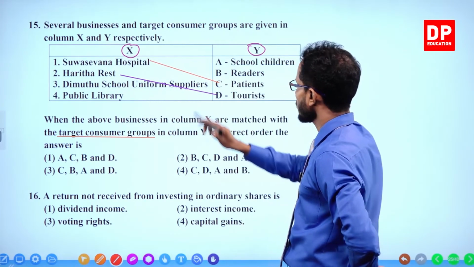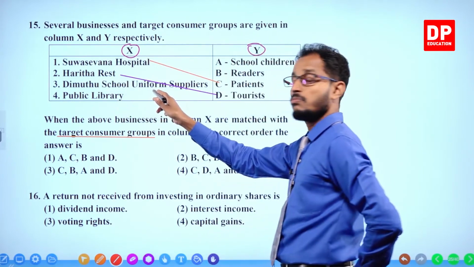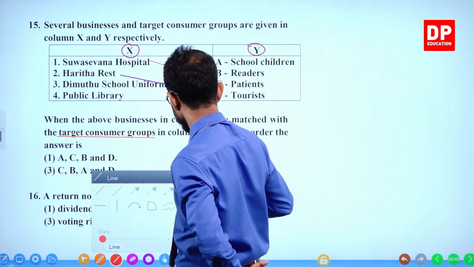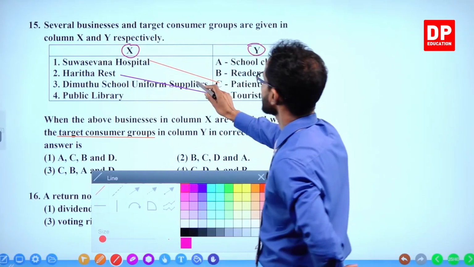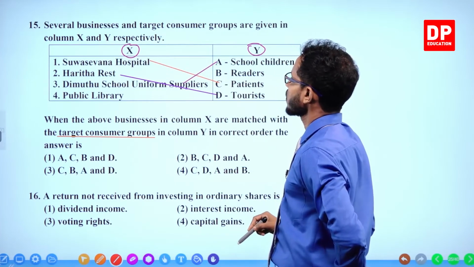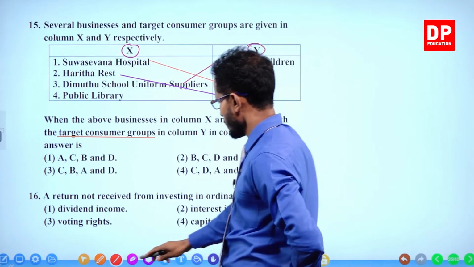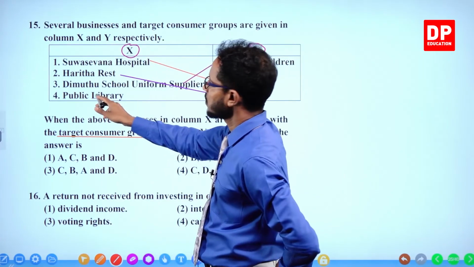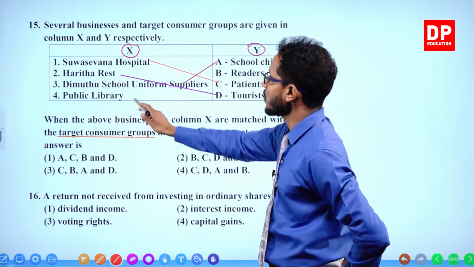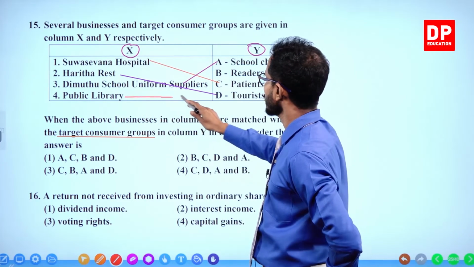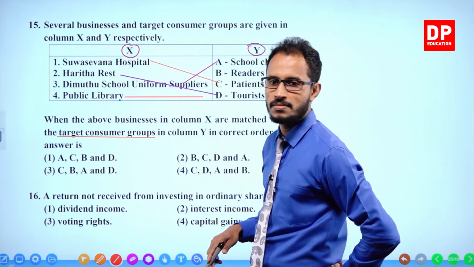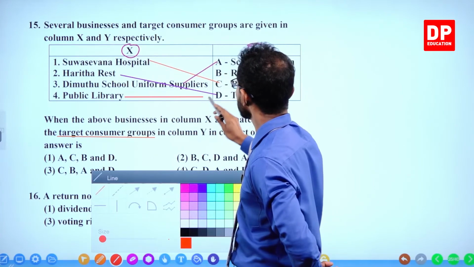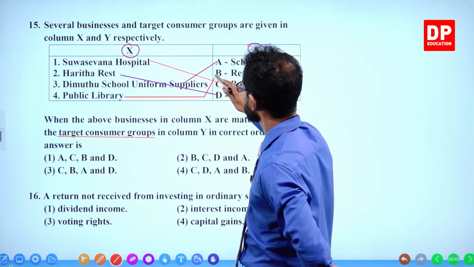Dimuthu school uniform supplier. To whom are they supplying uniforms? School children. Public library? What is the target consumer group of a public library? Patients? Patients, huh? Readers.